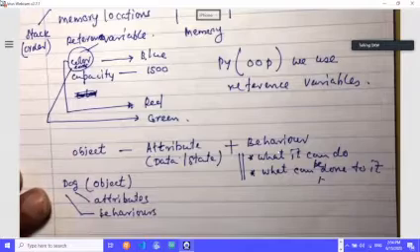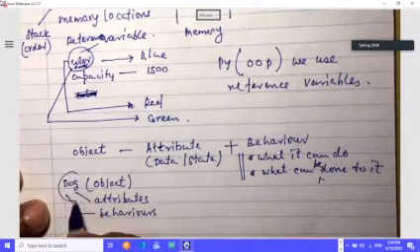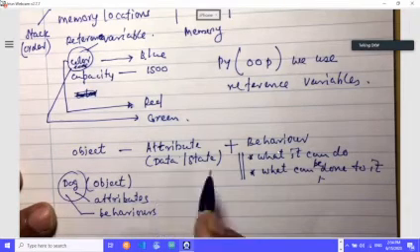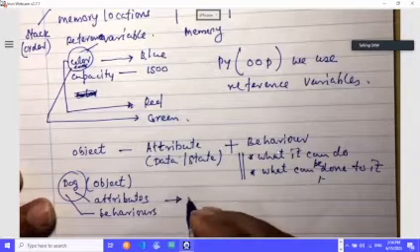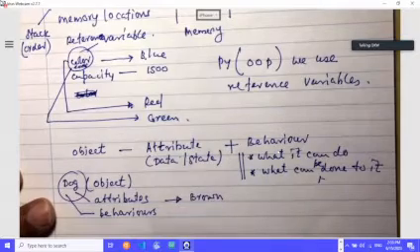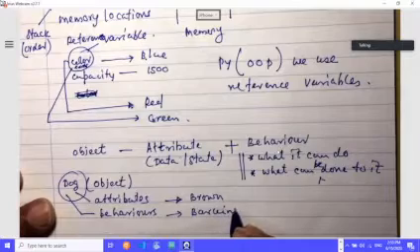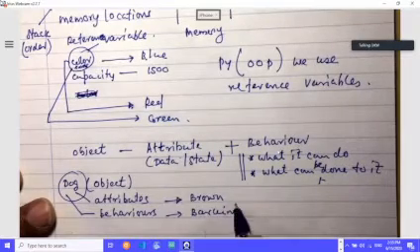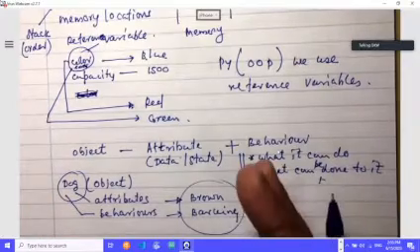Two things, in the same object called dog. Attribute is the name of the dog or the color of the dog, a brown dog. Attribute, data; behavior, barking. So they exist together. You can't find a dog which is not barking, no?